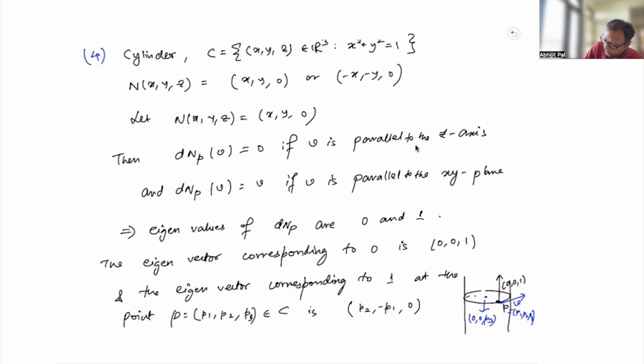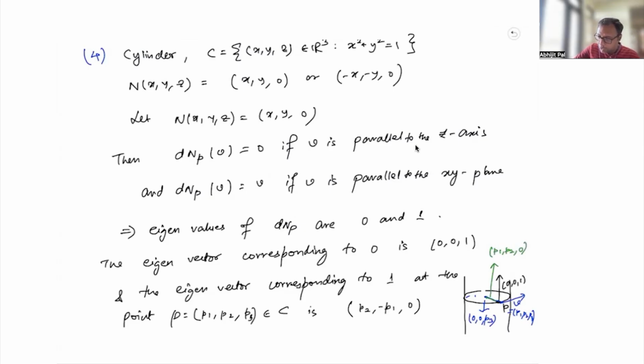Therefore this vector will be equal to (p1, p2, 0).